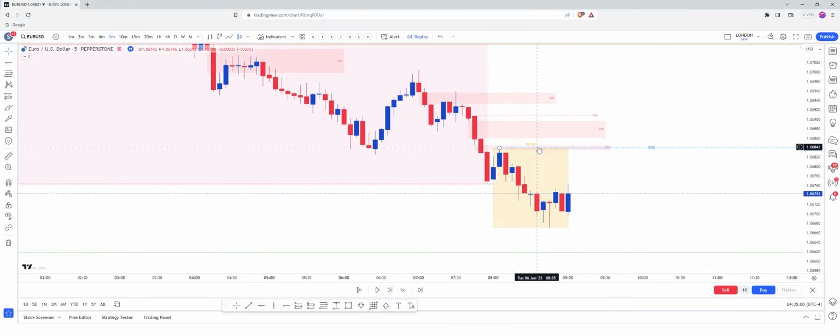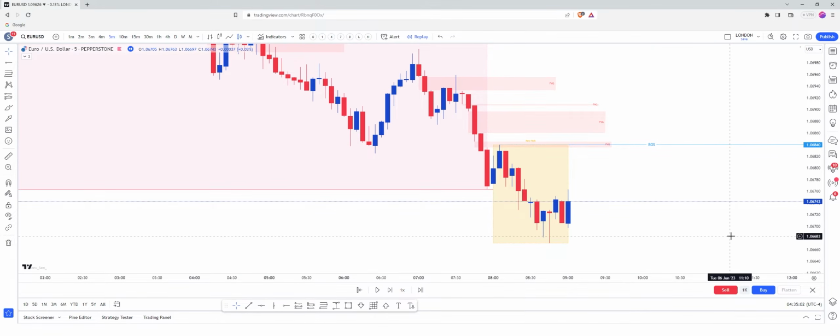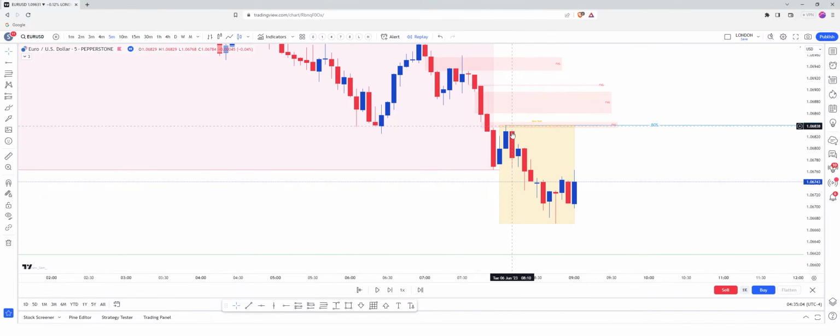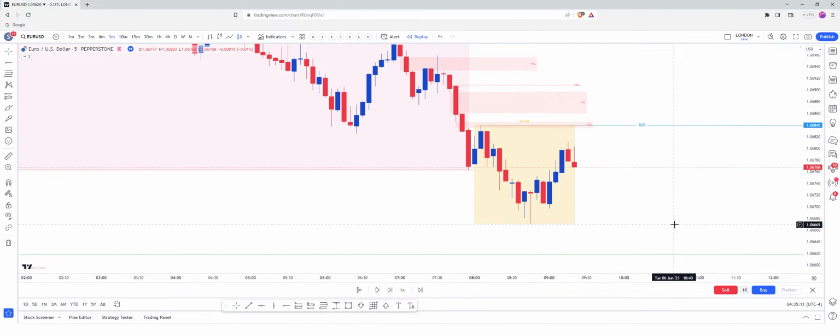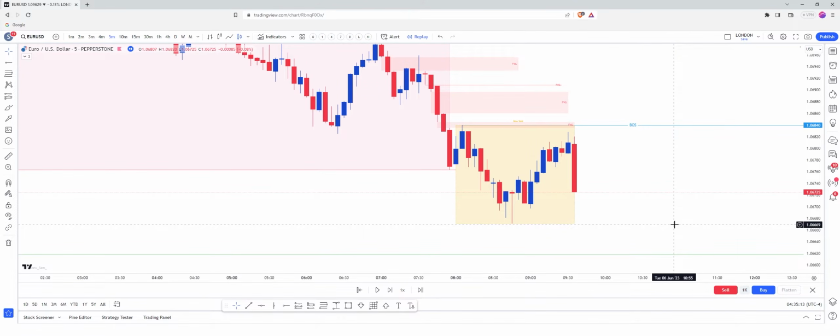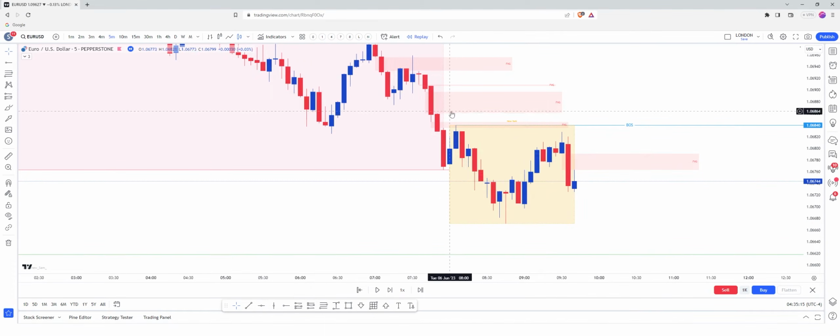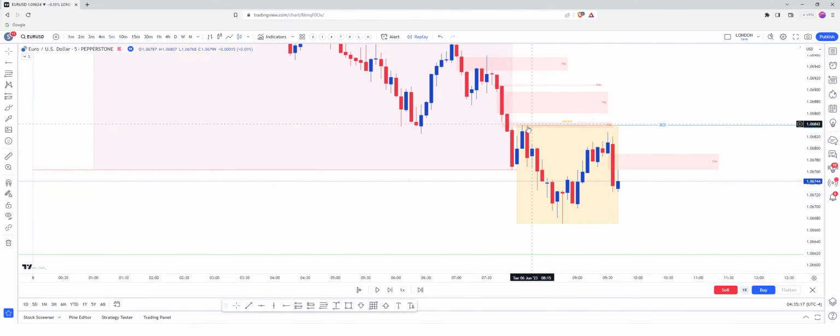So currently this is still our break of structure because this is the high that caused the lower low. So we've still got no break of structure here. We've had no new lower low, so our break of structure is still up here.